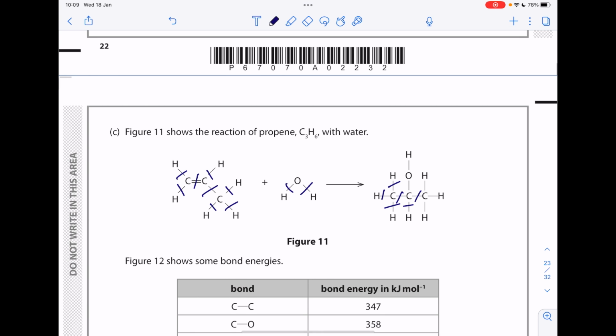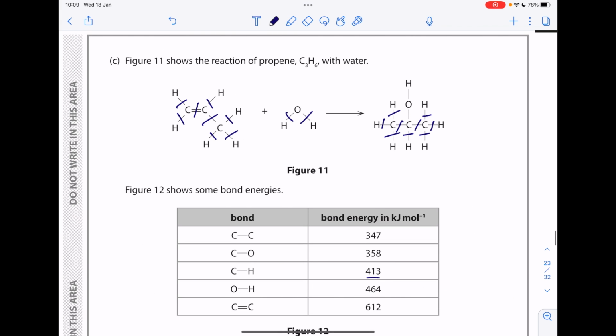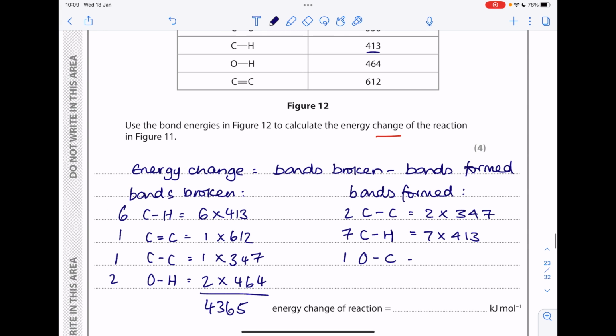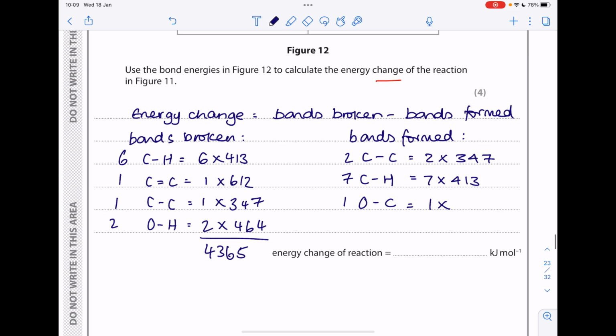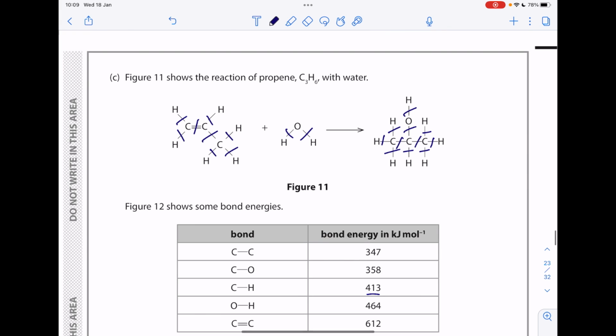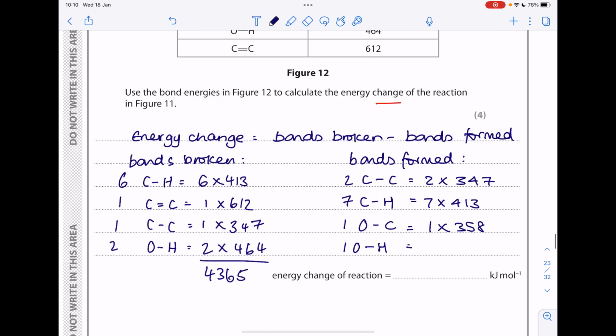One, 2, 3, 4, 5, 6, 7 CH bonds. One OC bond. And one OH bond.